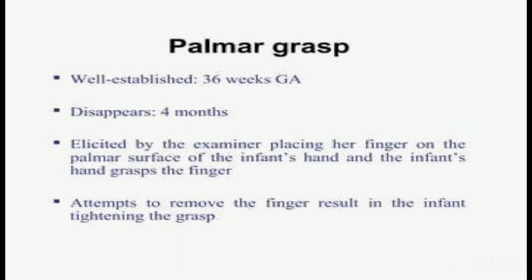Palmar grasp, established at 36 weeks of gestation and disappears by the 4th month, is elicited by the examiner placing her finger on the palmar surface of the infant's hand, and the infant's hand grasps the finger. Attempts to remove the finger result in the infant tightening the grasp.